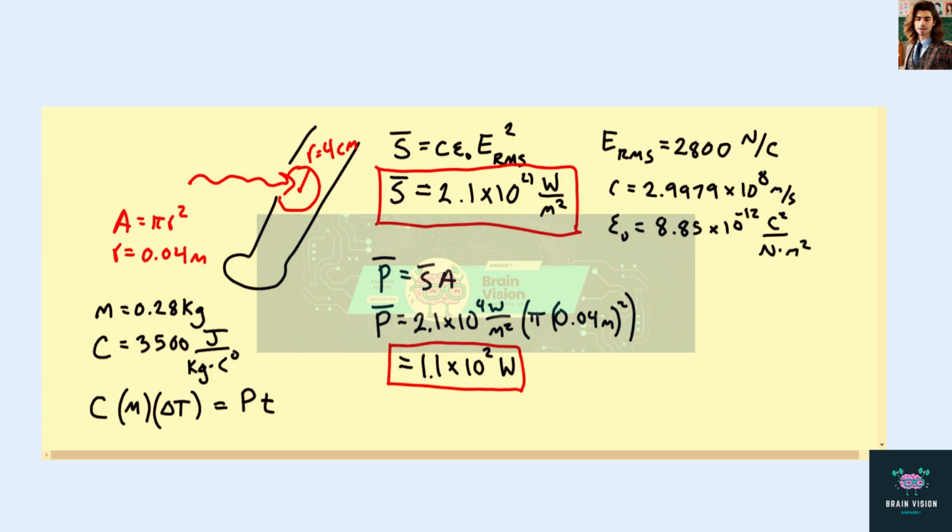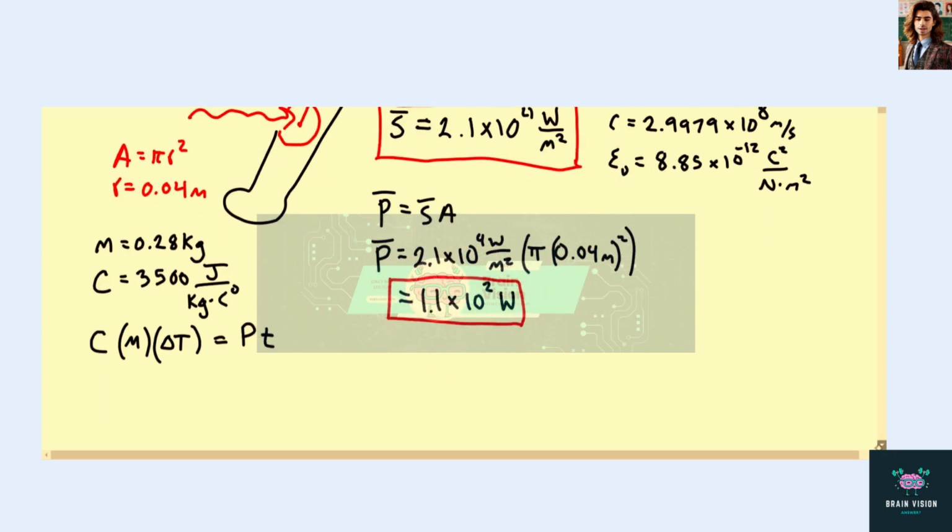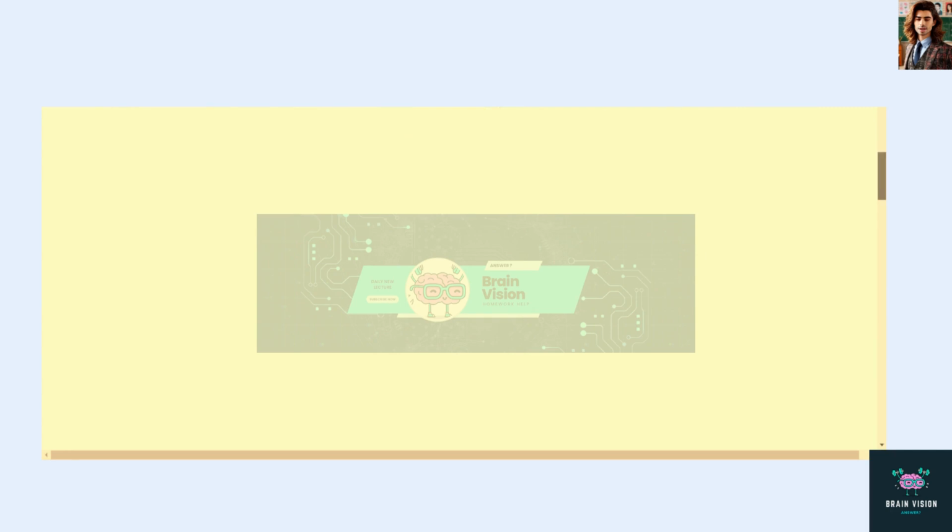So however many seconds this power needs to be applied in order to raise the temperature by that much.